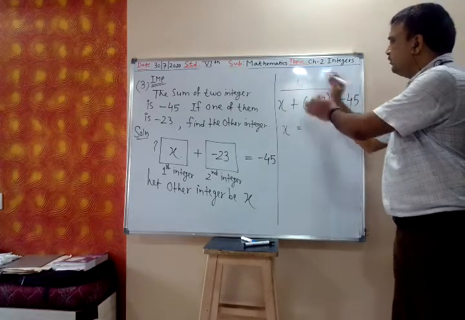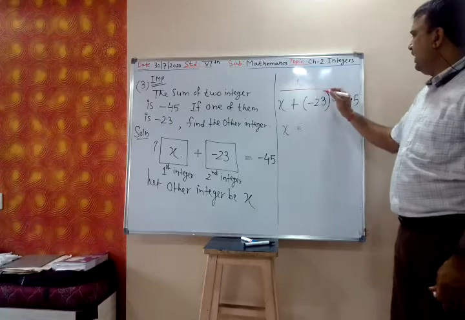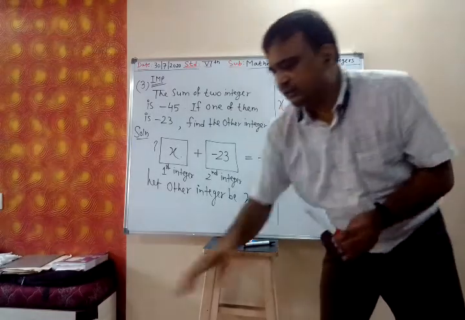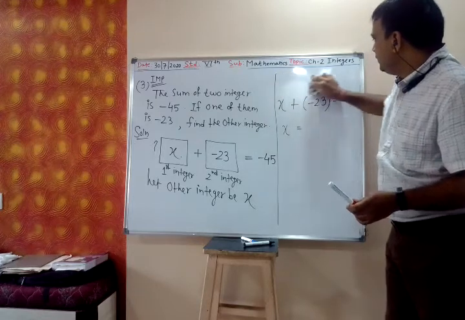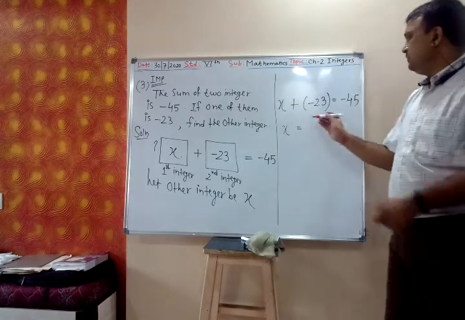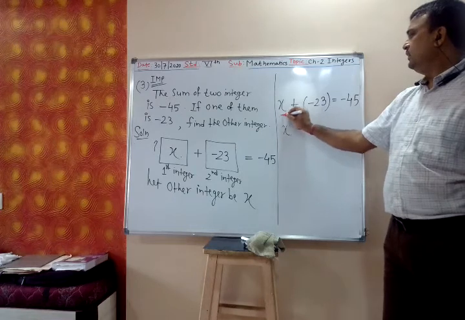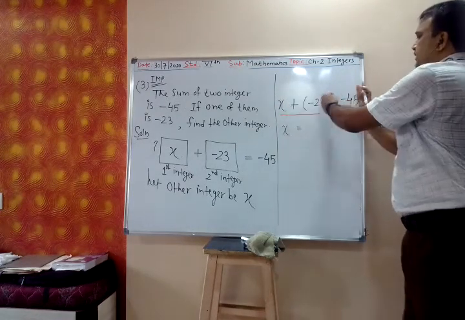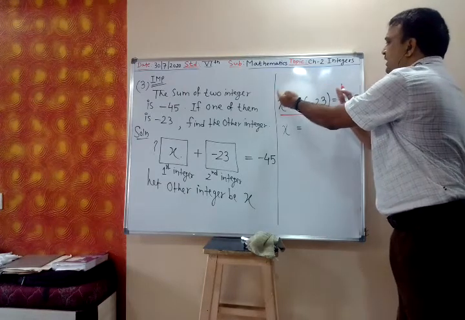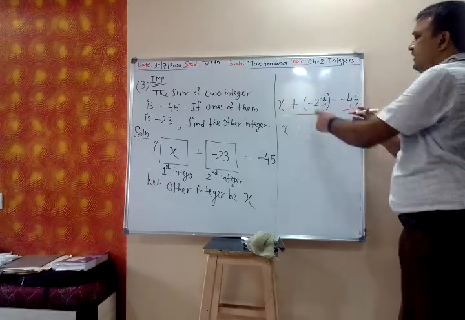Before equal to, it is my left hand side. After equal to, it is my right hand side. So you have to remember, there are two sides: left side and right side.